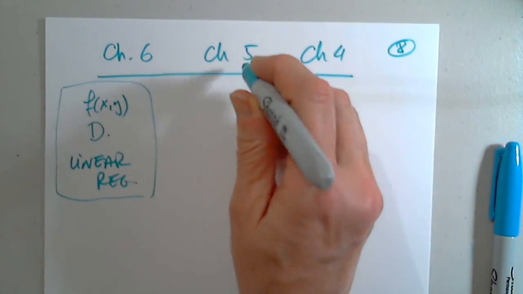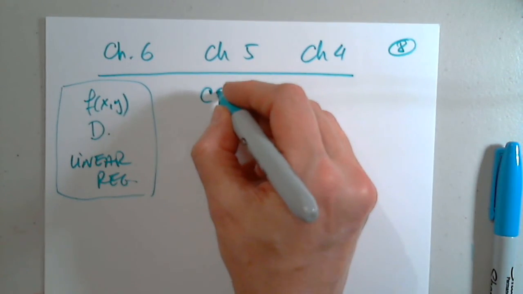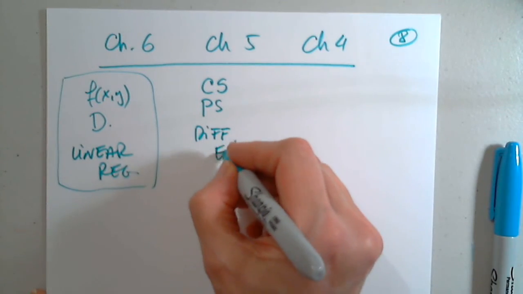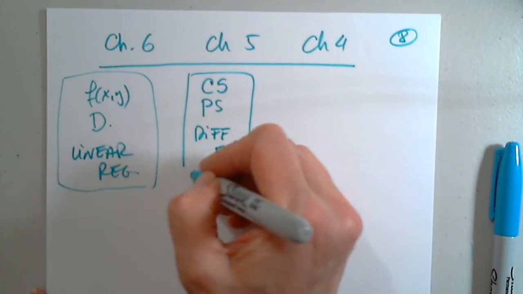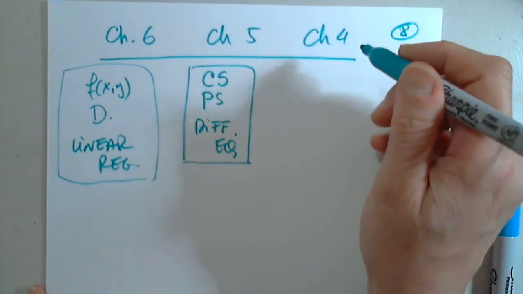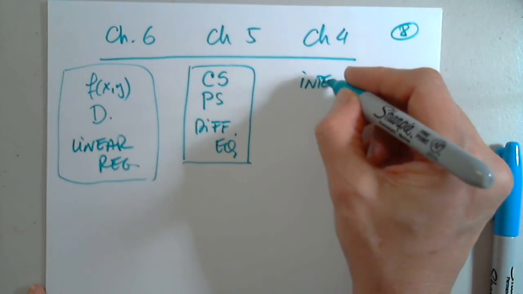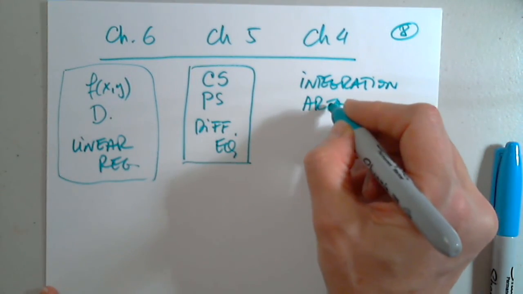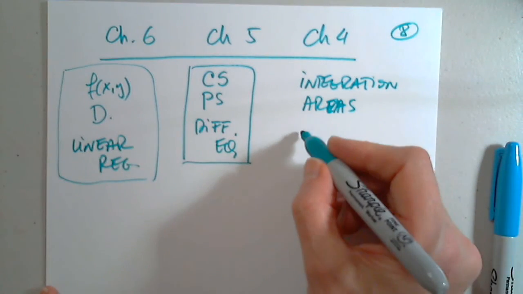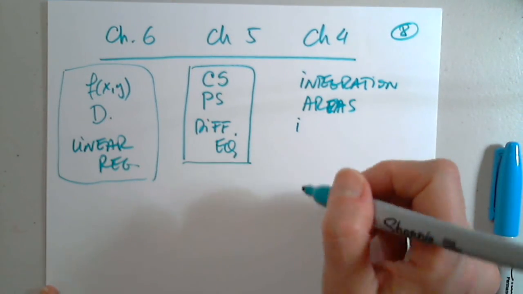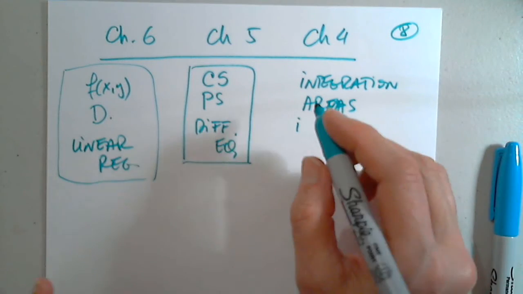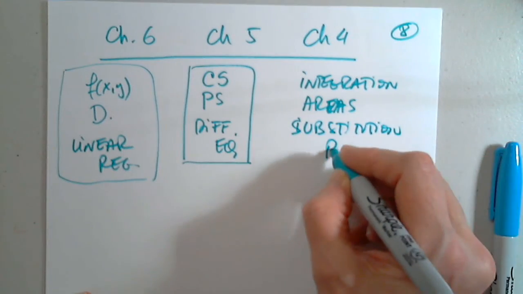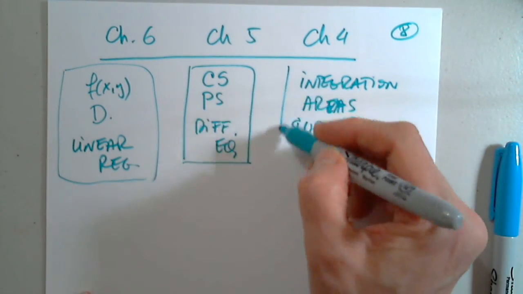So what are we talking about in chapter 5? It's the consumer surplus and the producer surplus and differential equations. This is it, 2 sections. And in chapter 4, integration, finding areas, integration, I wanted to say by parts, no, sorry, substitution rule. That's pretty much it.